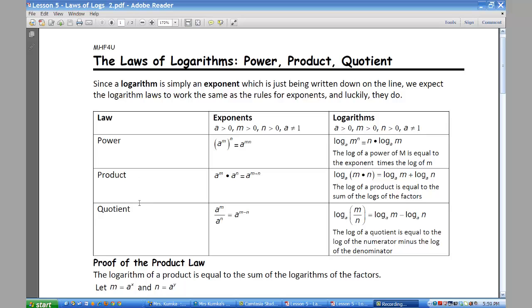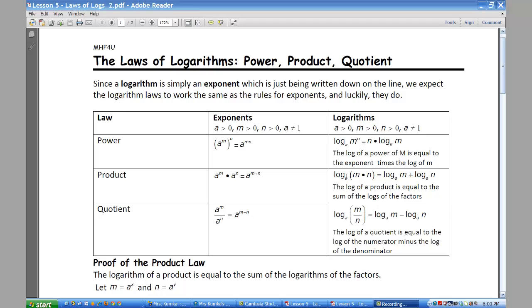So the product and quotient laws of logs come from the product and quotient laws of exponents. Remember, when we were multiplying bases with exponents, but the base was the same, you could keep the base and add the exponents. Same thing for division. You would divide bases with exponents, bases that were the same, keep the base and subtract the exponents.